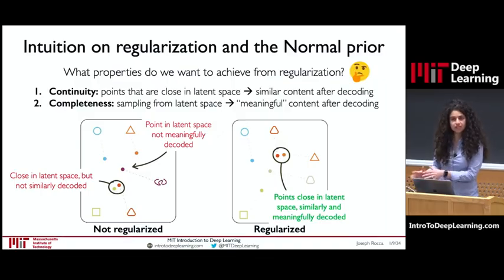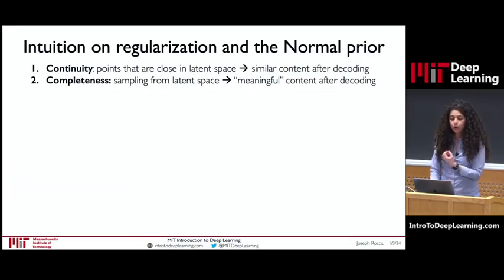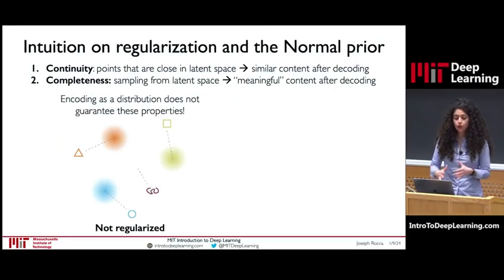That gives us a sense of why regularization can be useful. Why does the normal prior help us? It's because without this regularization imposing the normal prior, there is not so much structure in terms of what these distributions of the latent variables actually look like.